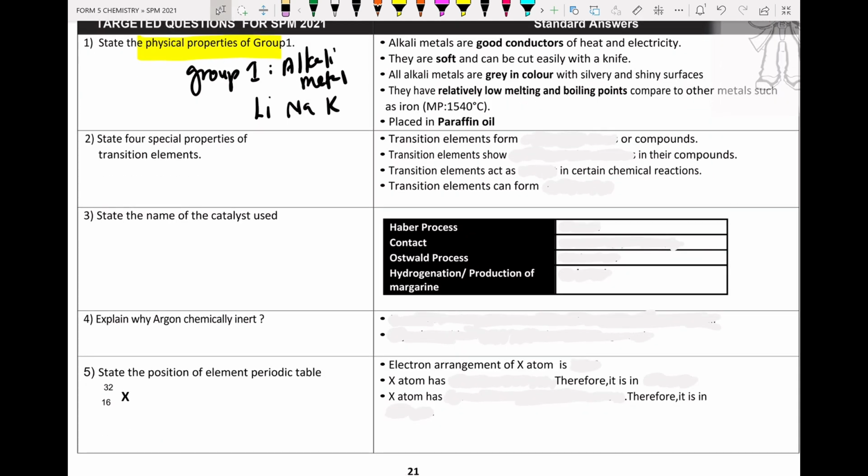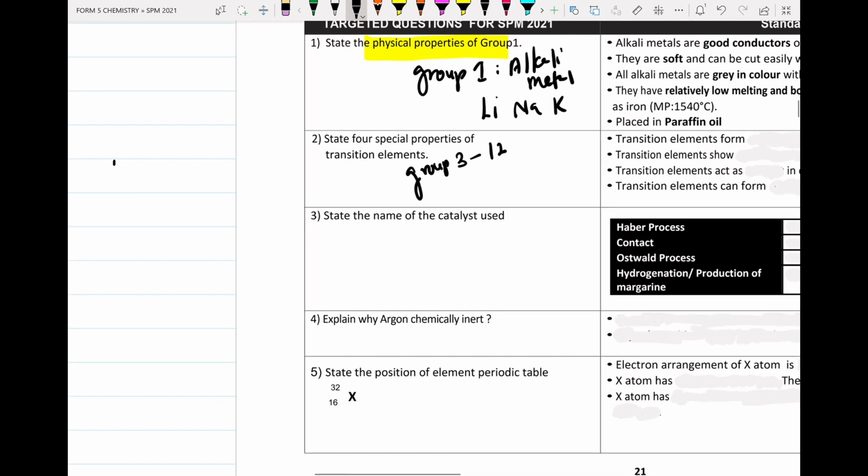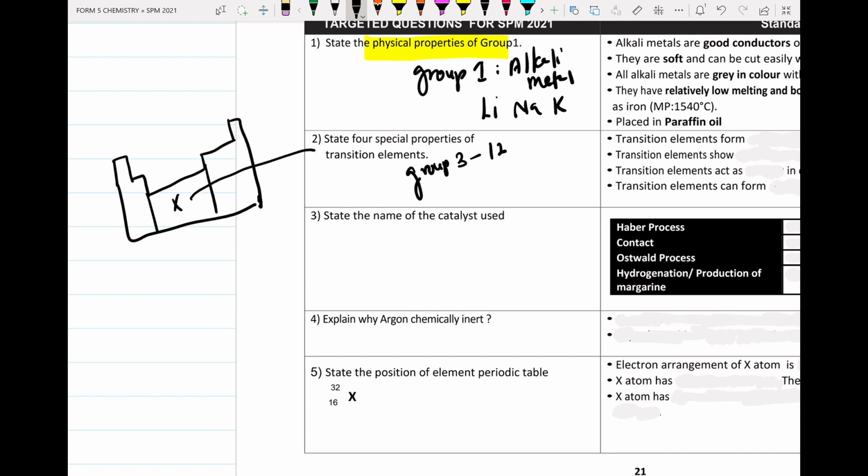Transition metals are from group 3 until group 12, or sometimes they will draw it like this. Where is the position of transition metals? From group 3 until group 12.